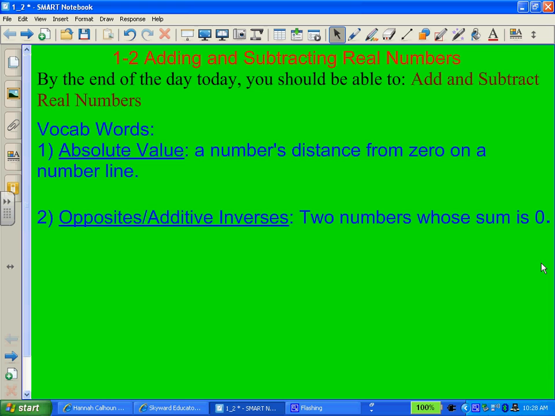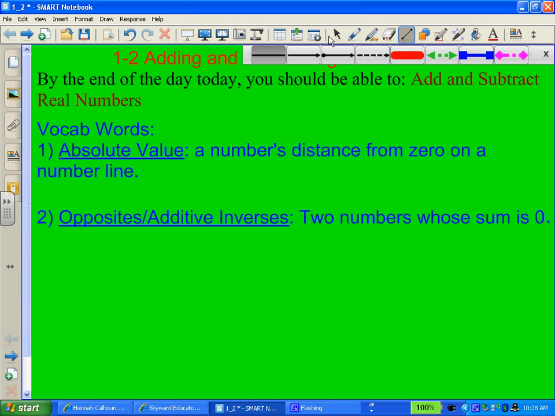As you can see, we have two vocab words, a lot better than the last lesson, right? The first one is absolute value, and you may or may not have heard of this before, but absolute value is a number's distance from 0 on a number line. So let's say that we have a number line here.